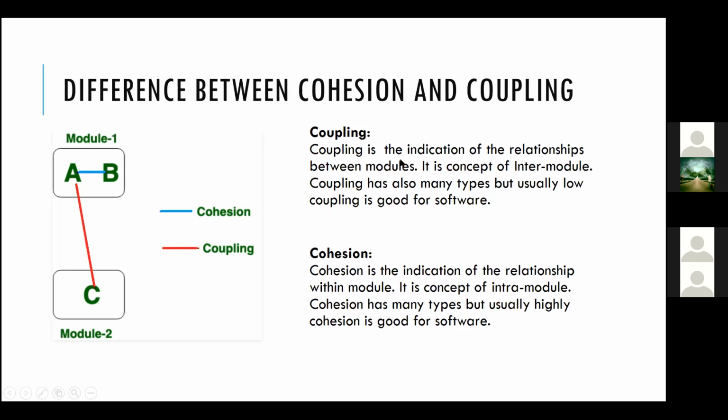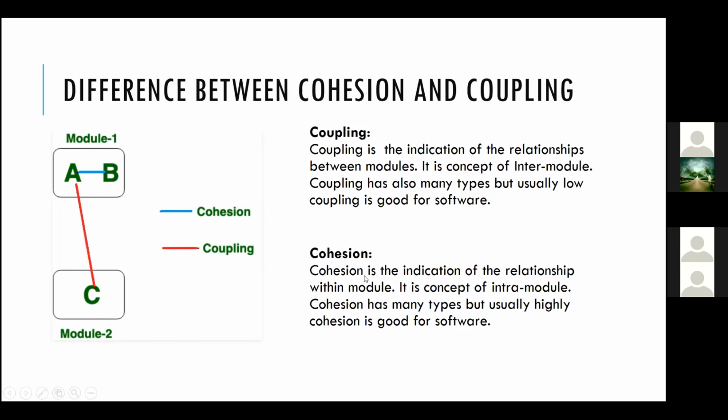So coupling, which is the red one, is the indication of relationship between modules. It is the concept of intermodule, and coupling has also many types, but usually low coupling is good for software. So when we say coupling po, no, it refers to the relationship in between two separate modules.